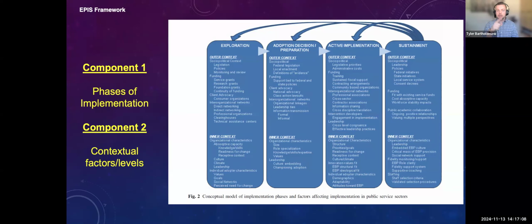Oftentimes the exploration phase begins when implementers and relevant stakeholders are aware of a clinical or public health need and are considering ways to address that need. The implementers move into the next phase of preparation upon deciding to adopt one or more evidence-based practices or innovations.